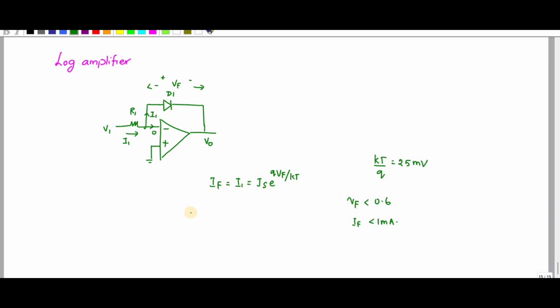So from this equation, I can write I1 by IS is equal to e power Q VF divided by KT. So if I take ln on both sides, I will get VF by 26 millivolt.